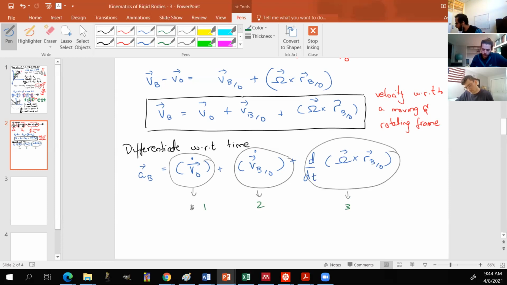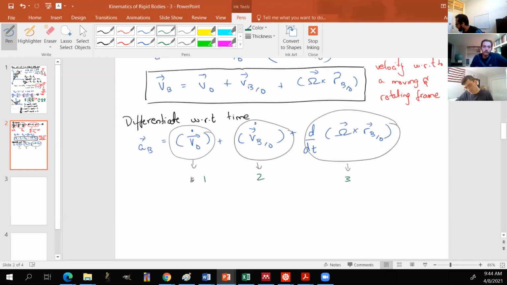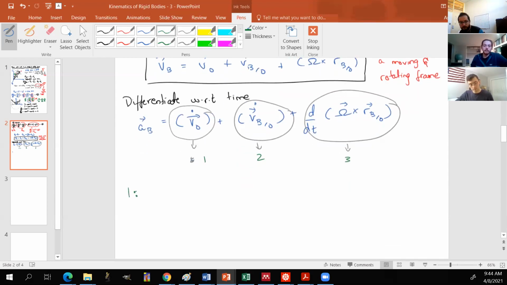So for the first one, that's easy. VO dot is just the rate of change of the velocity of the point O, so that's just going to be equal to the acceleration of the point O. Can't do anything with that one.